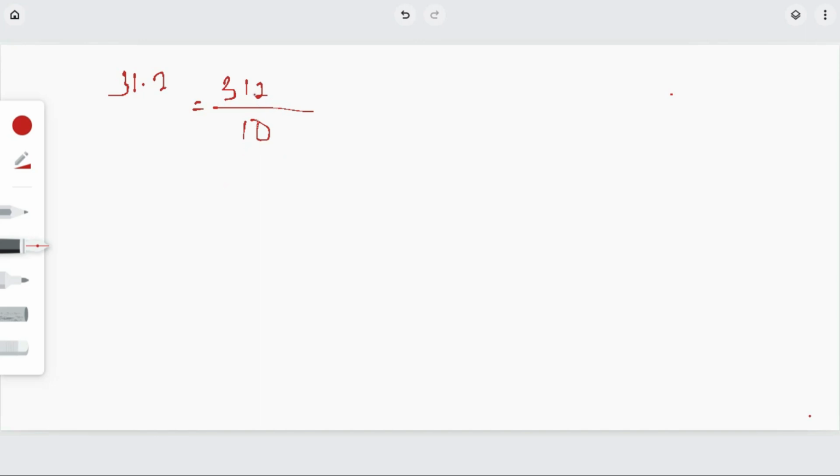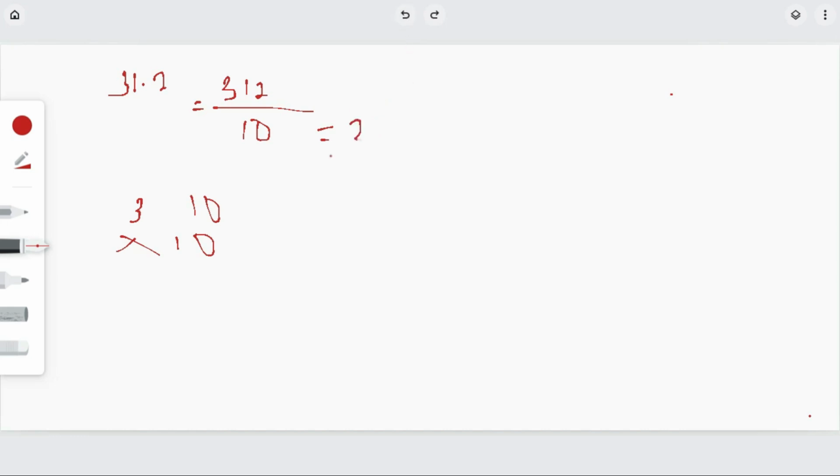Check how many 10 can go into 312. Definitely that would be 31. Let's check it: 31 times 10, just put 0 here, that's 310. Definitely the answer is 31 whole number. Sorry for the way I write 31 there.